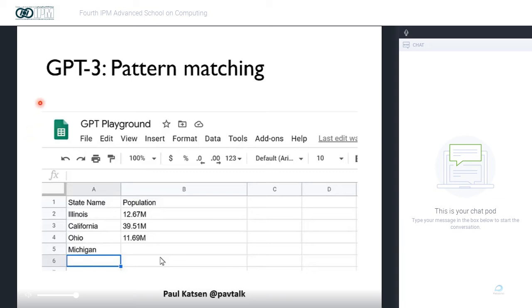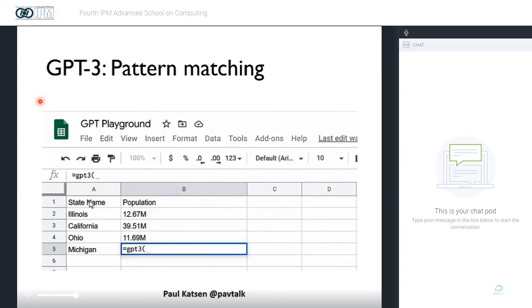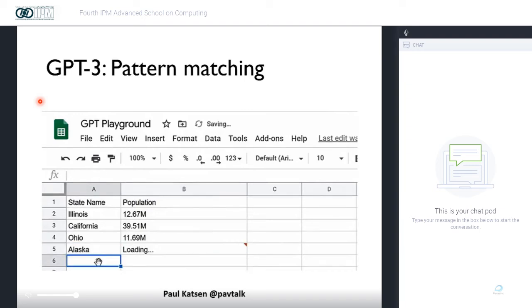This is another example of a model enabled by GPT-3, this time a pattern matching model. So here you have a number of states with their population, and then you ask GPT-3 what is the population of Michigan, and it tries to look at that in the knowledge it has, or that for Alaska, and it finds the population for that.